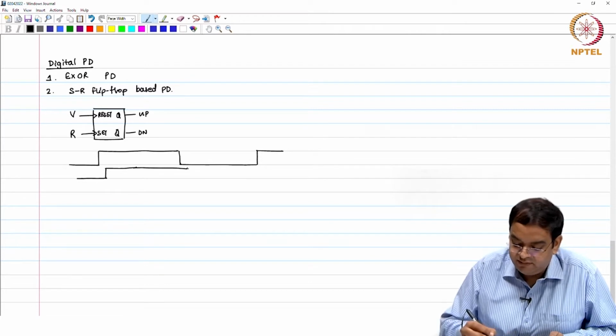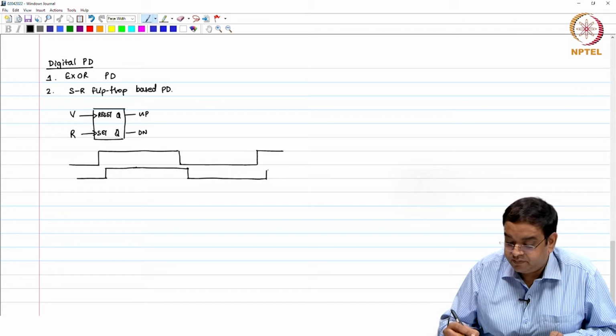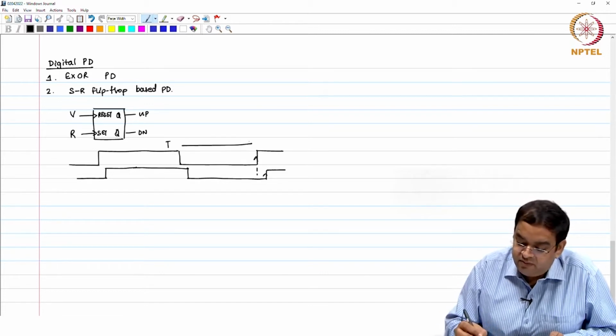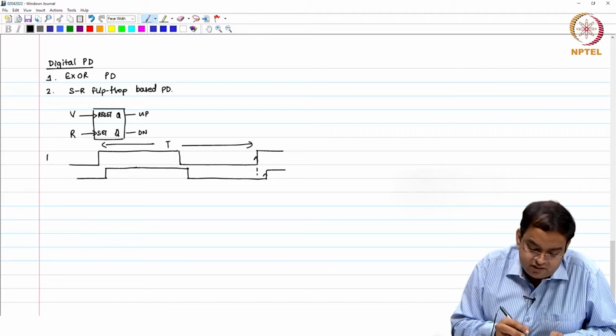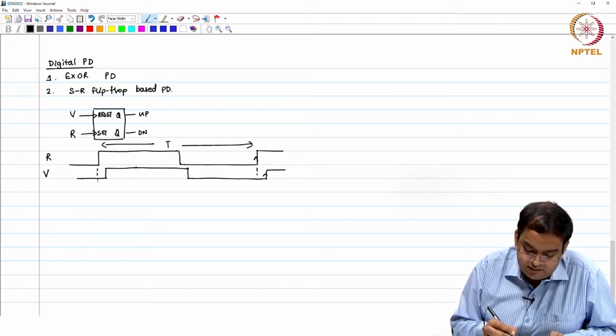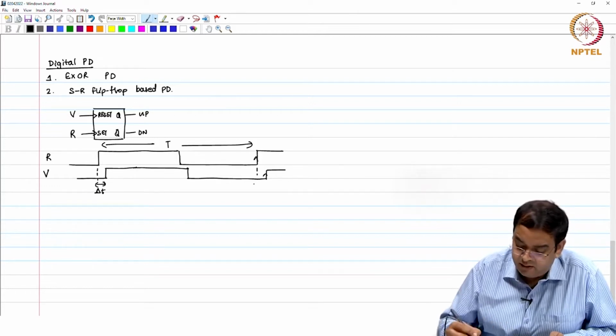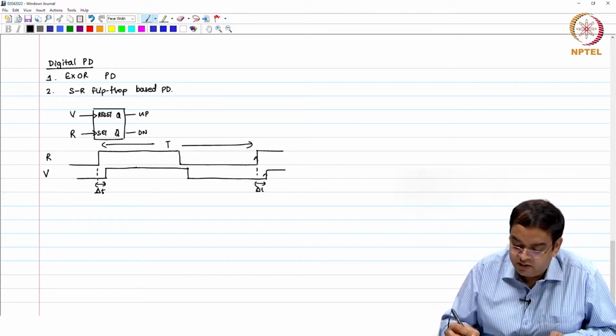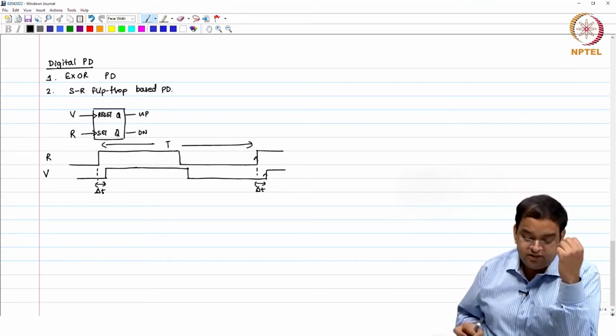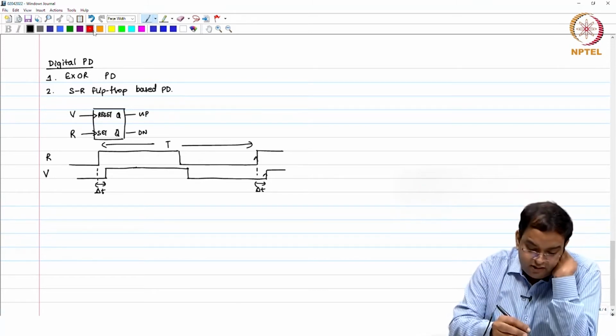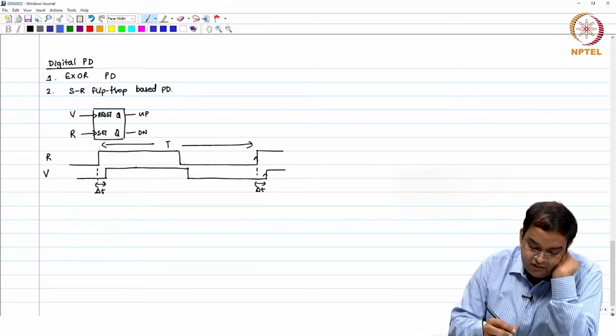We have been dealing with that. Okay. The time period is the same for both the cases. This is R, this is V. Same delta t here, delta t here. So, let us say you start at this particular time.